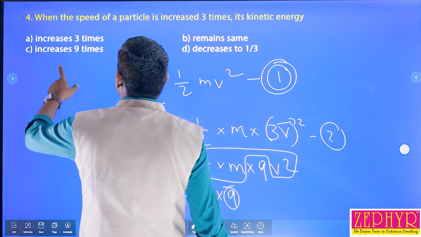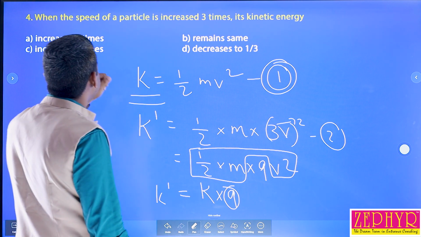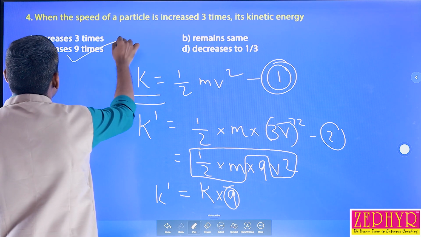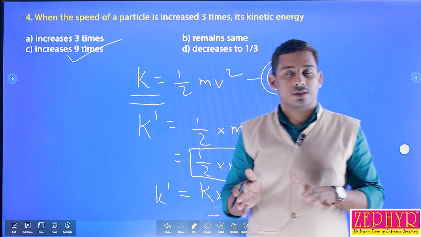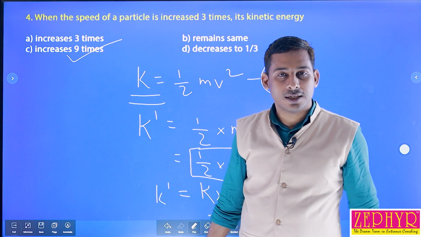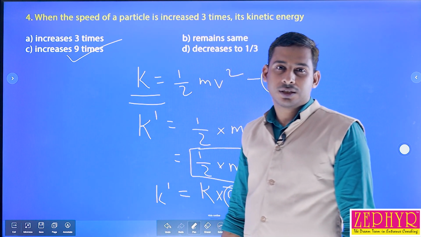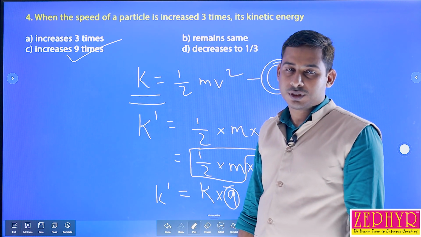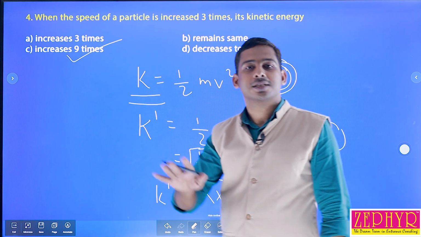So, our options are increases 3 times, remains same, increases 9 times, decreases to 1/3. So, it will increase 9 times because we got the answer as a product, as a numerator part, not in the denominator. That is why we can say it is just increasing. Got it? That is the concept. So, our answer is increases 9 times. Okay? Completed? Yes, students.